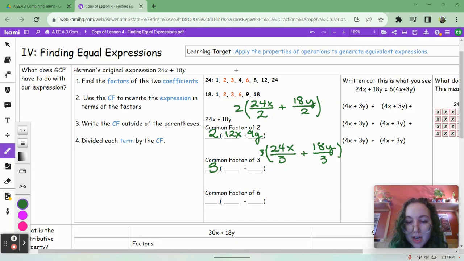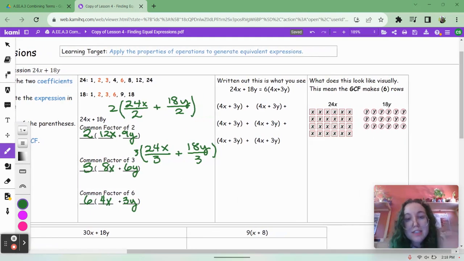So 24x divided by 3 gives me 8x, and 18y divided by 3 gives me 6y. Now, if I want to take out a 6, I'm going to skip this step because I can just know 24 divided by 6 gives me 4, so I have 4x. 18 divided by 6 is 3, so we do 3y. And that's all we need to write for factoring.